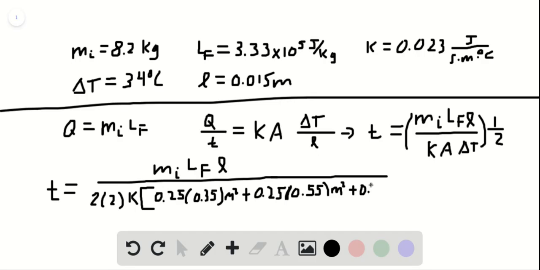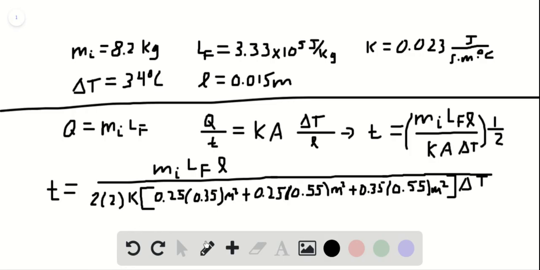Okay? And then the last one is for the area. The last side is 0.35 meters times 0.55 meters. So that's, again, going to give us units of meters squared. And then all of that, because that's the area, is multiplied by the change in temperature, delta T. And let's go ahead and extend this out a little bit because this is indicating what's in the numerator and what's in the denominator.